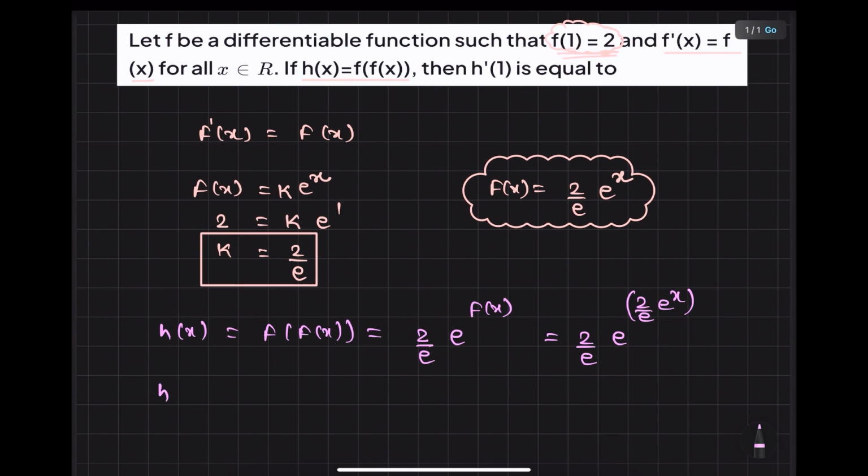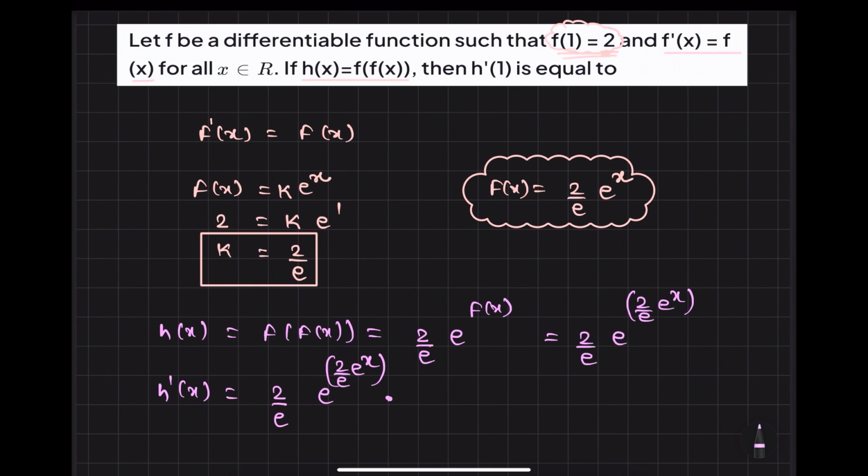Now try to calculate h dash x. So let's do it. You know that 2 by e is a constant, so that will be taken outside. The differentiation of e power something will become e power something, so 2 by e times e power of (2 by e times e power x).